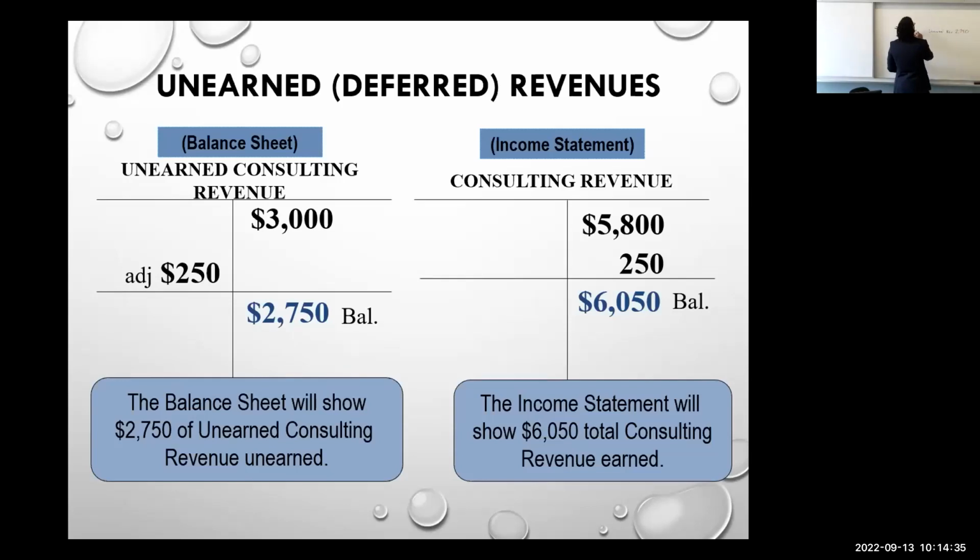This will happen February 28th, whatever the last day of it. And we'll credit our revenue for $2,750. That makes sense? Because now we've earned all the revenue. Right?